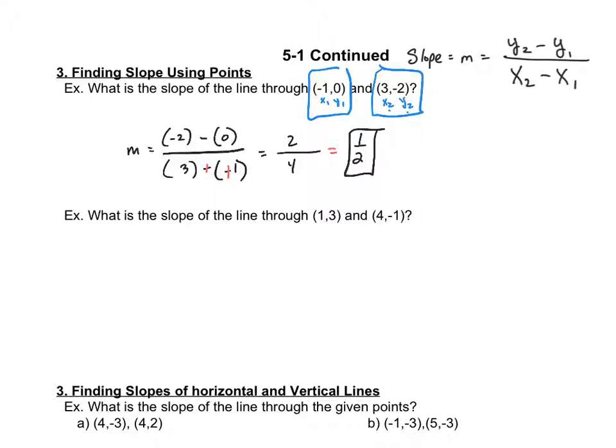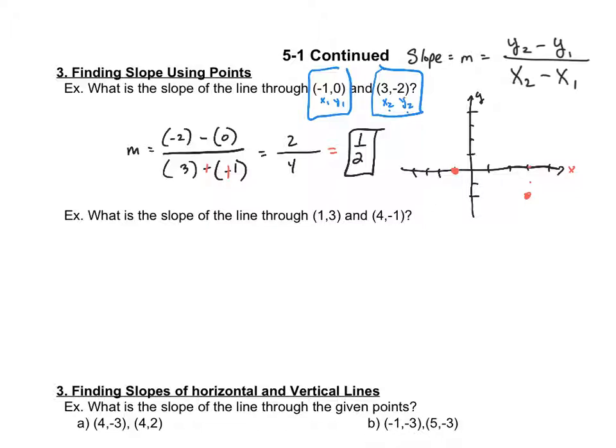We don't need to graph them, but if we were to graph them, could we count that out? Let's graph those points. I have negative 1 and 0, and I have 3 and negative 2.